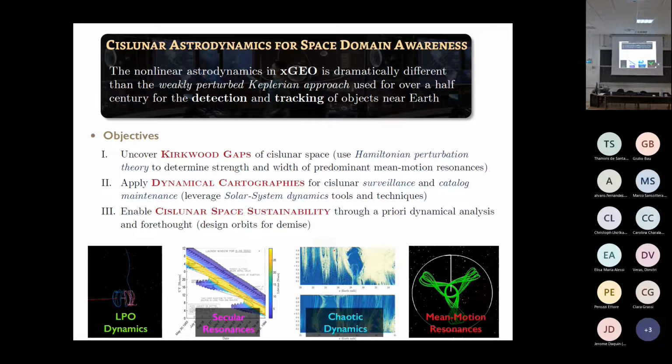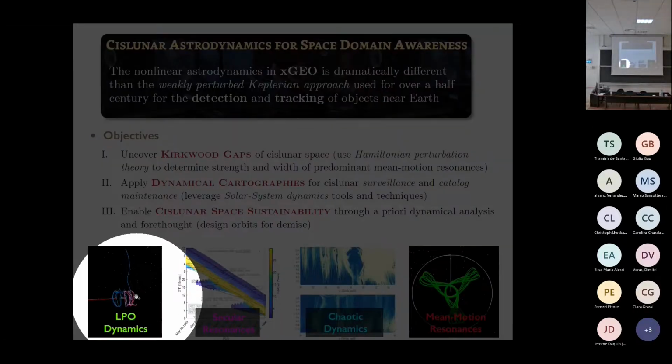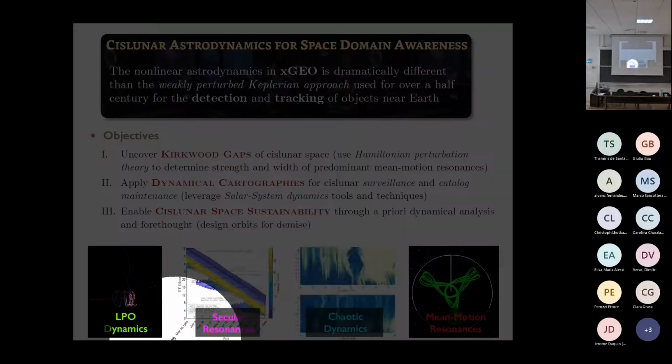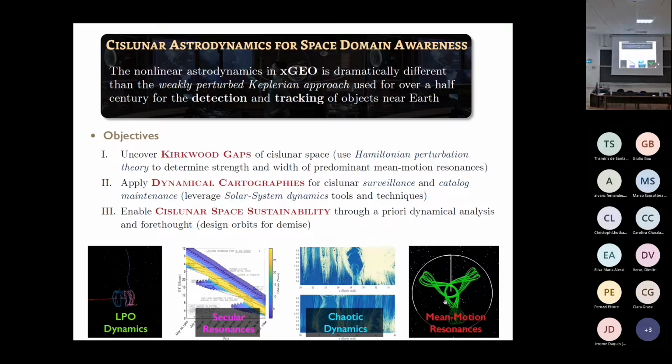Despite all of the different types of dynamical features that exist in this regime, it's really only the libration point orbits and their associated myriad manifolds, things that were talked about in the last two presentations by Ross and Guzzo, that have really been coupled to the cardinal questions and problems posed by space domain awareness. We don't have an accurate characterization of the long-term stability of chaotic, secular, and mean motion resonances that pervade this regime as well.